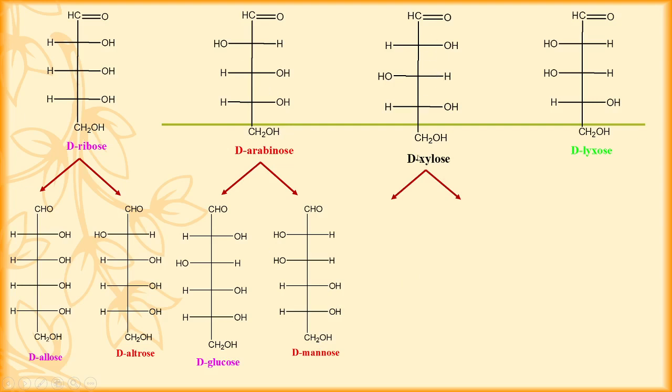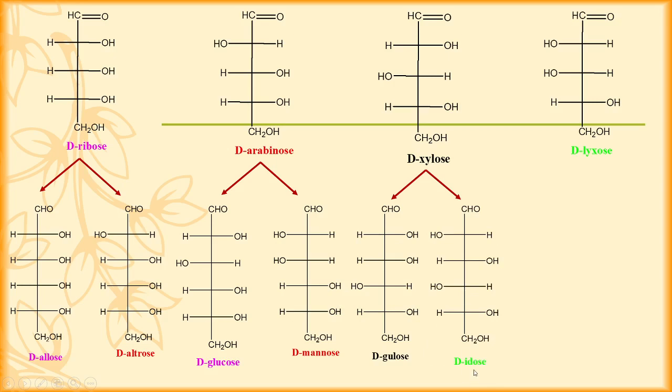So from the D-xylose we get the D-glucose and D-idose. In the structure of D-glucose, the hydrogen is on the left hand side, and in D-idose, the hydrogen is on the right hand side. Just one carbon atom was added here, and for the left hand side it is hydrogen on the left, and the hydrogen in D-idose is on the right hand side.